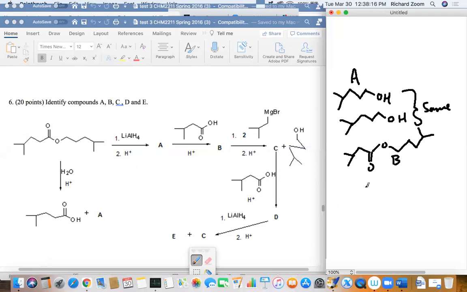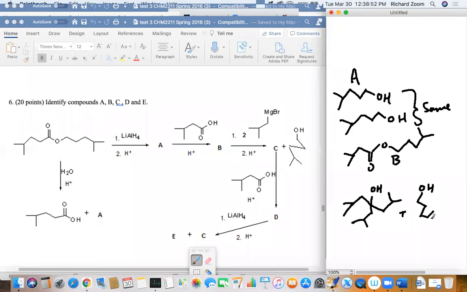Okay, so once we've got B, then we can get C, but it's going to be C plus something else. And that's going to be this alcohol here. But the product of the B and the 2 Grignard reagent equivalents there is going to be that plus the alcohol that you see here too.